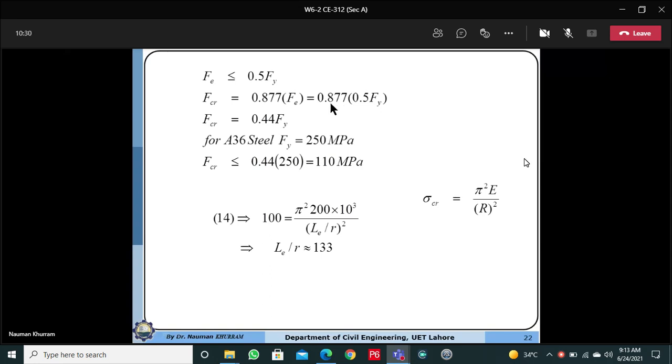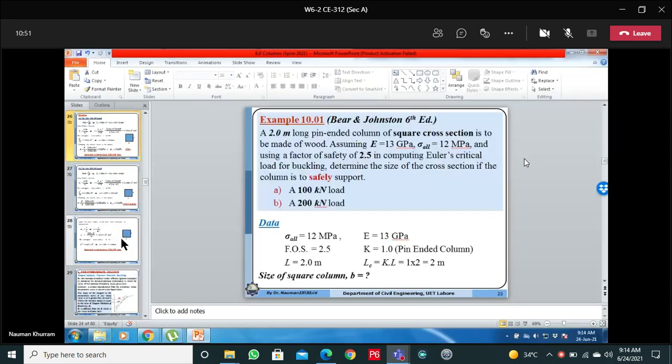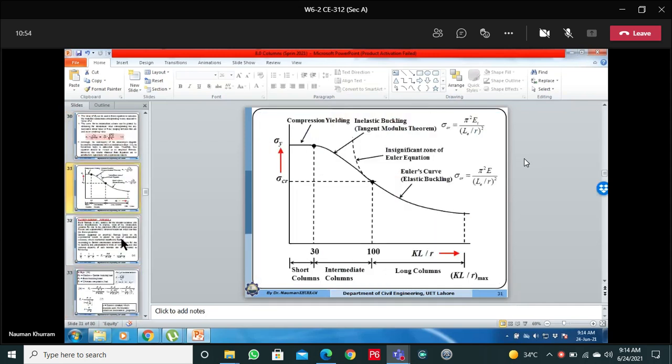But if we have a special situation where the column has eccentricity and the out of plane imperfection is larger, or the eccentricity of the load is larger, in that case, how exactly can we compute the capacity? For this purpose, we are studying this secant formula for the eccentrically loaded column.